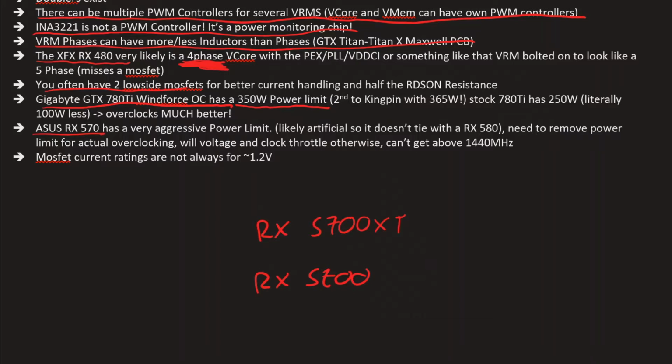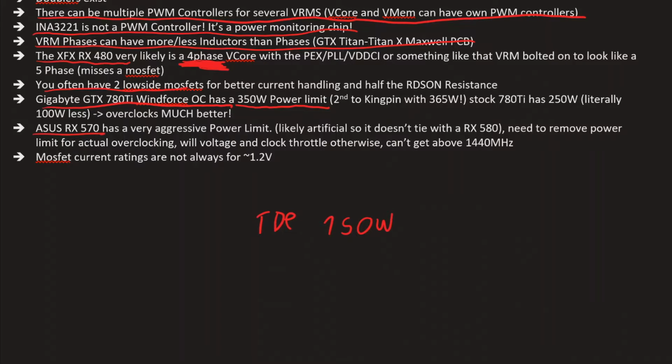And yeah, one of those restrictions is a very, very aggressive power limit. So if you go to AMD's website, they will say that the RX 570 has a 150 watt TDP. So that's how much the card is designed to pull. And the TDP works kind of different on AMD than it does on NVIDIA, because not all of those 150 watts are for the GPU.